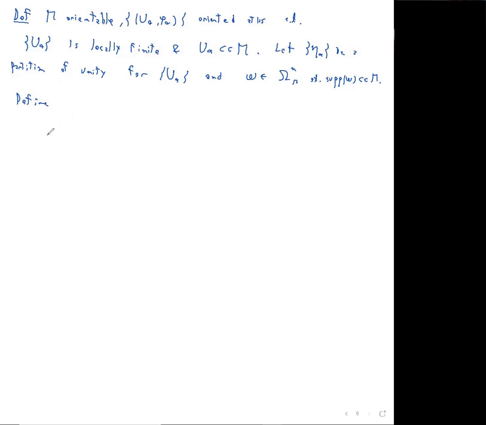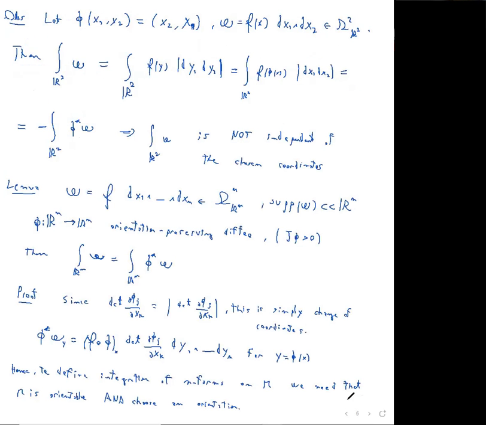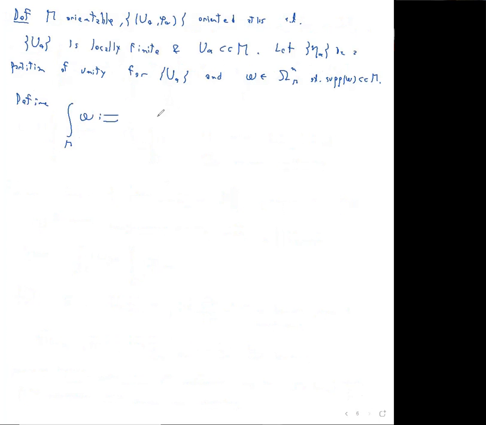And now we finally define the integral of this n form. Well, basically we know how to do things in Rn. So we use the partition of unity, and we take the sum over alpha of the integral over phi alpha of U alpha of phi alpha inverse star of rho alpha omega.